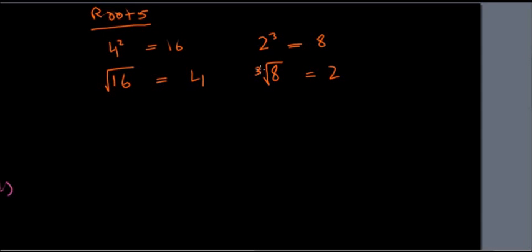For a cube root, we put this 3 outside the root sign. On a square root there is a 2, but no one writes it, so we never write it. So root is basically an inverse of an exponent function, right?